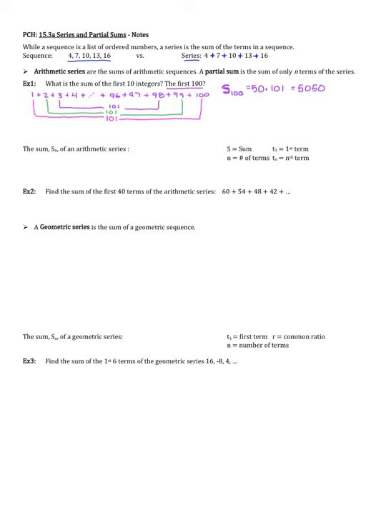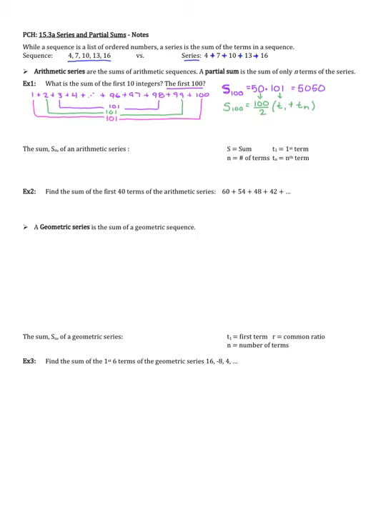So what did I do? Let's generalize. To find the sum of the first 100 terms, that 50, what did that represent? That represented my 100 terms divided by 2 because I paired them all up. And the 101 came from adding the first term and the last term, because all the other sums were exactly the same constant.